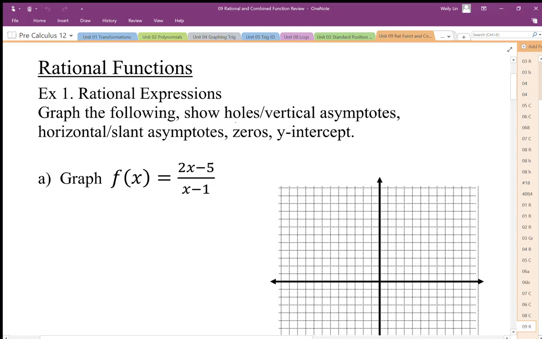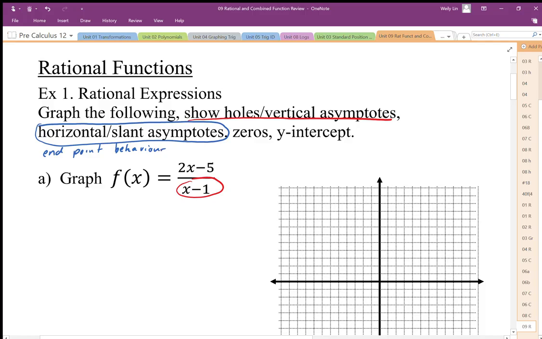For the holes and vertical asymptotes, we need to know where they come from. The holes and vertical asymptotes come from the denominator. The slant asymptotes and horizontal asymptotes are related to each other, and they're really what we would consider endpoint behavior, so what's happening at large values of x.